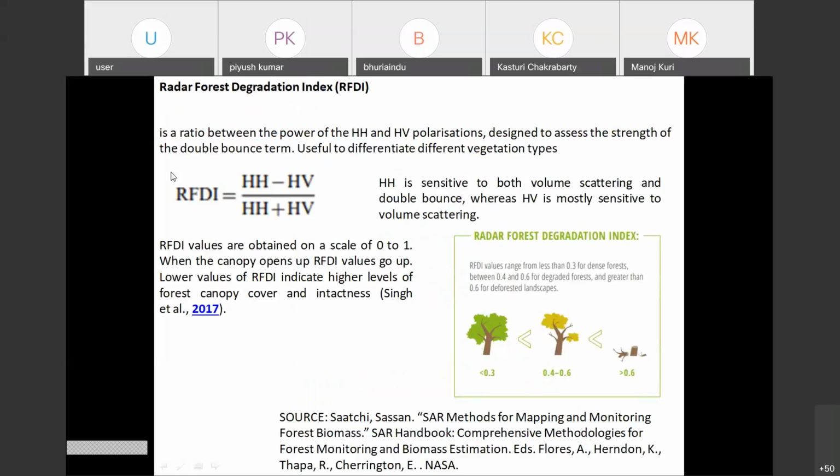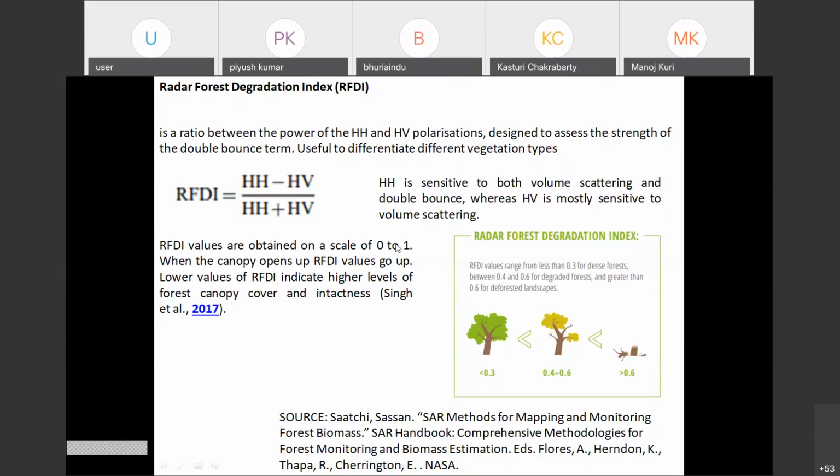Next, we have the radar forest degradation index (RFDI), which is a ratio between the HH and HV polarizations. The important thing we need to understand here is that in deforested areas the value will be high, whereas in forested areas it goes on decreasing.